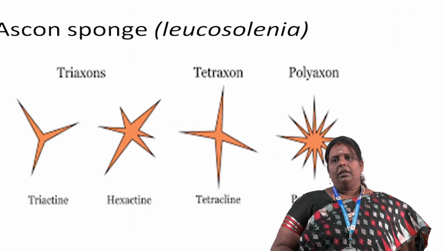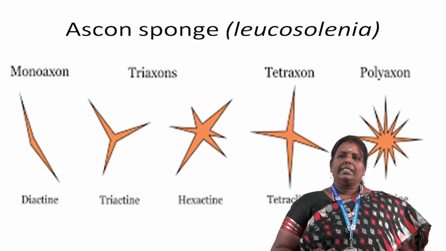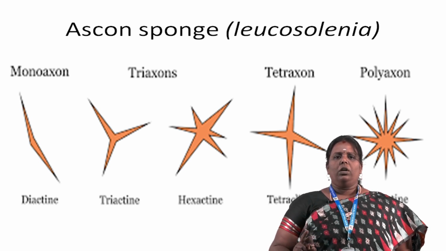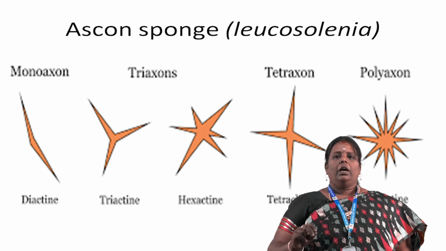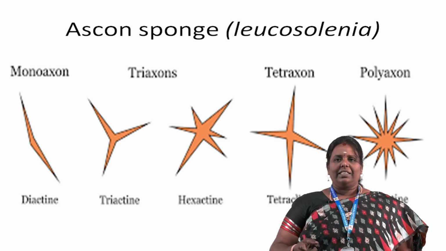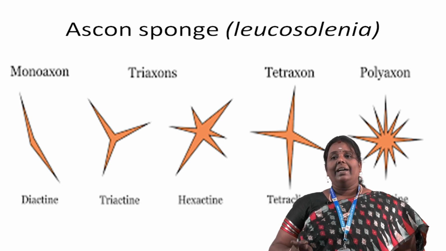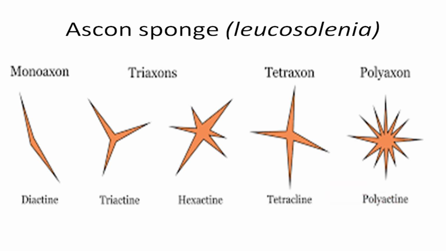Next, this is a very important part, in the ascon sponge Leucosolenia. Depending upon the spicule, we have monoaxon, diaxon, triaxon, tetraxon, hexaxon, and another one, polyaxon. Now, what is the difference between these?